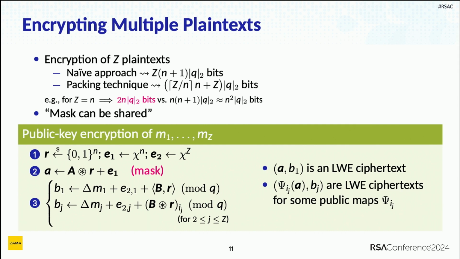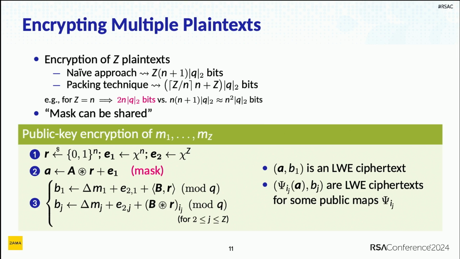You first compute B1, just as before, and for all the remaining messages, you compute it in this way, and instead of taking the inner product, we just take the corresponding components of the convolution. To send your ciphertext, you just send that mask, A, and all those bodies.